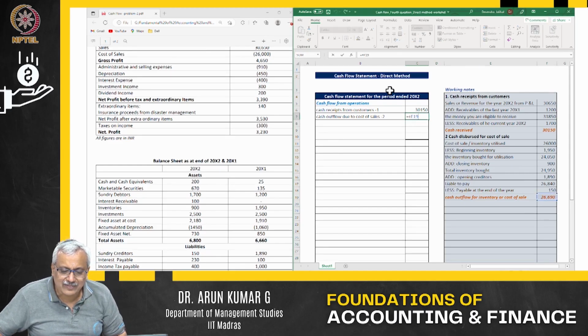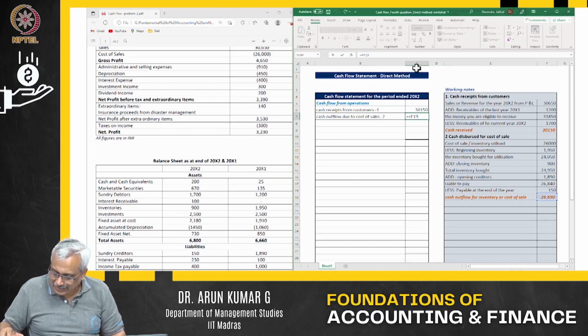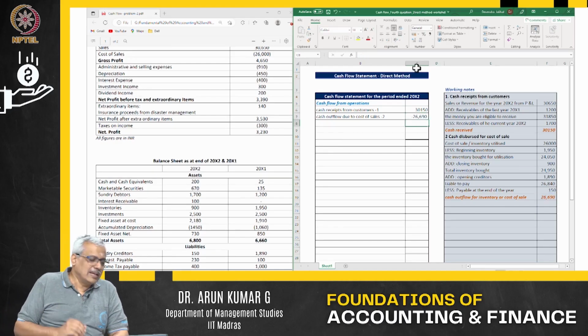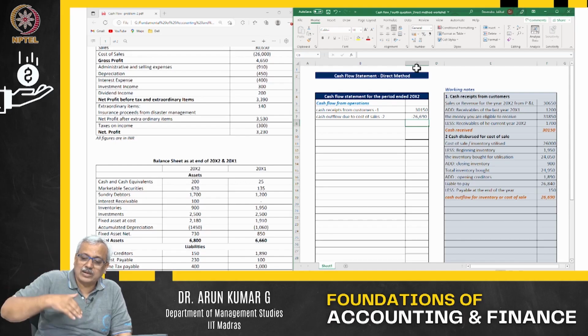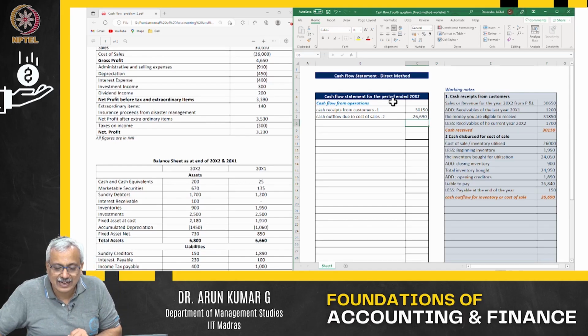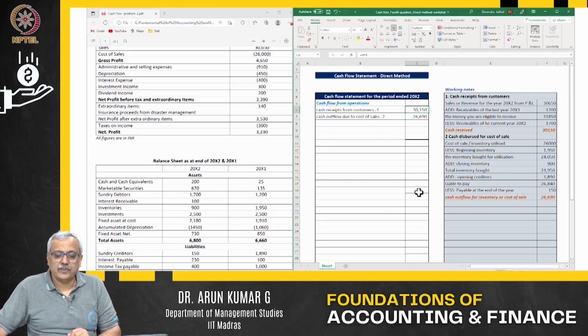I always take it with a negative sign, purely because this is a cash outflow. Inflow is plus, outflow is obviously negative. That is why I took it as a negative.